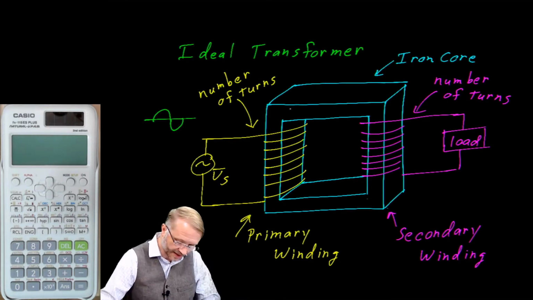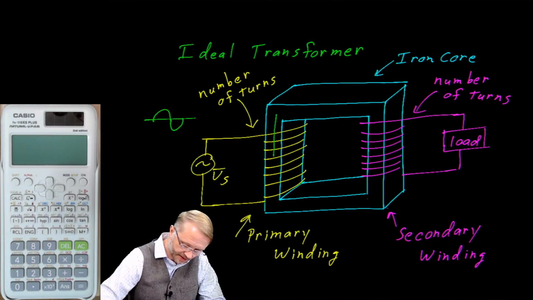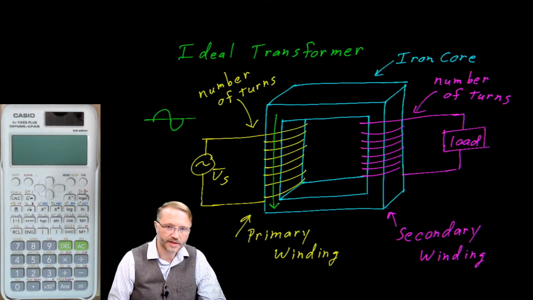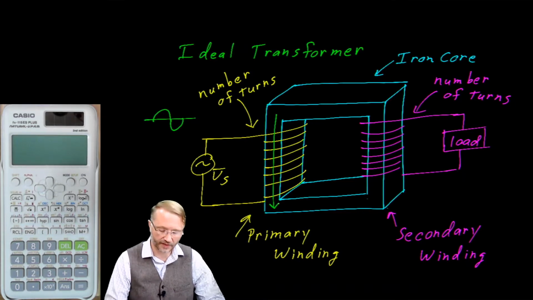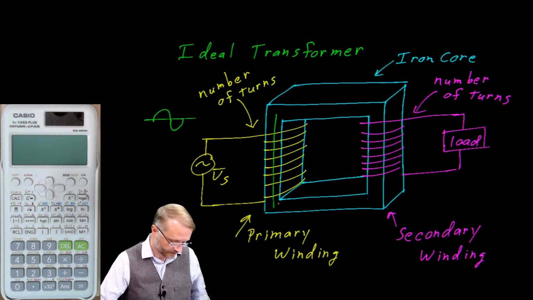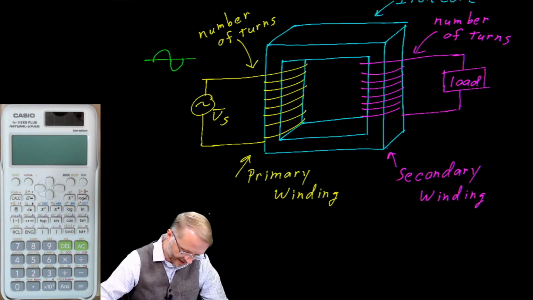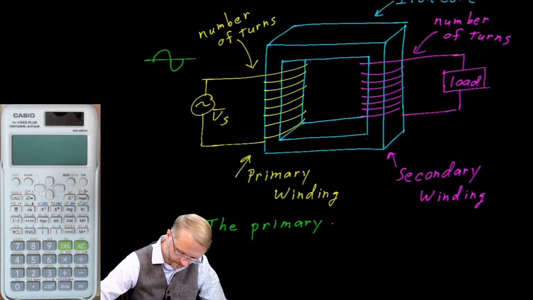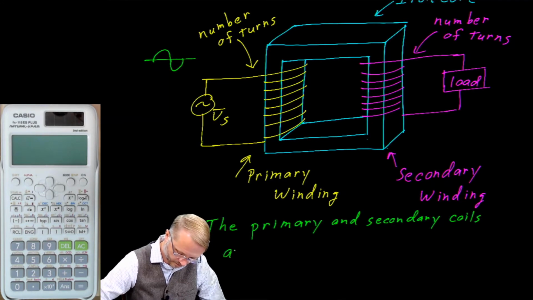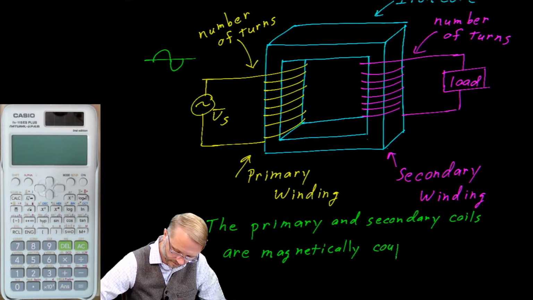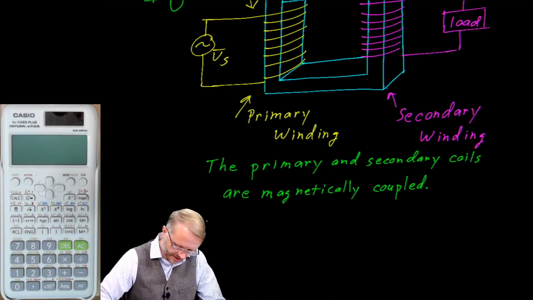Later, on the negative part of our sinusoid, the flux lines will be flowing in this direction. So they're always changing in the core. Let's make a note of that. We should also mention the transformer is an alternating current device.